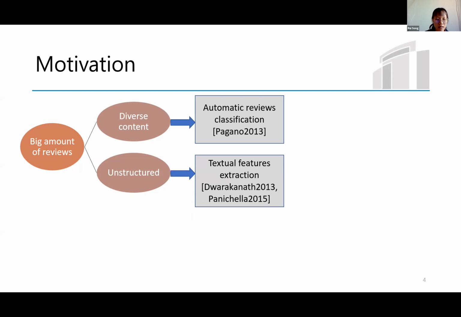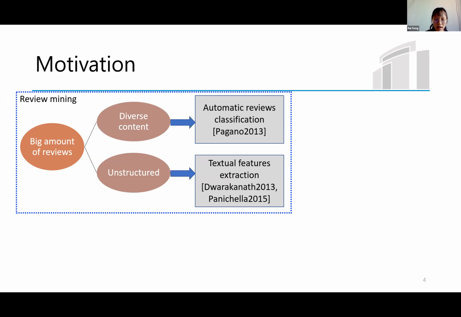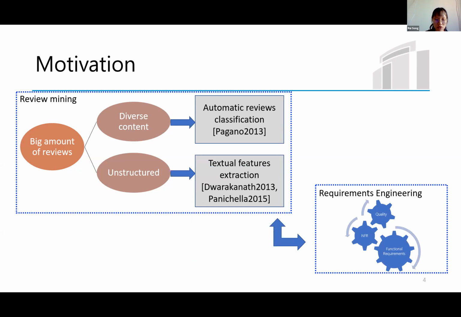So we think that they have started to establish connections between review mining and requirements engineering. But they still studied in their own fields, and didn't show the connection. So the motivation of our work is to try to make this connection more concentrated and more specific, so that the results from the reviews can be more useful for requirements engineering.